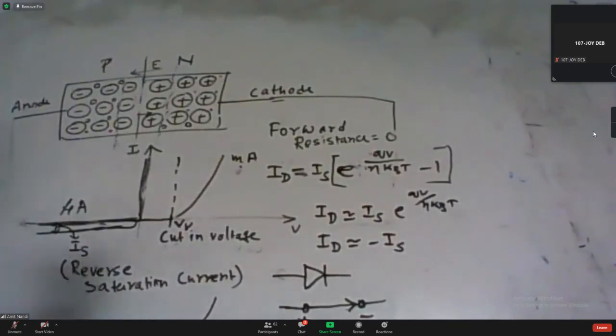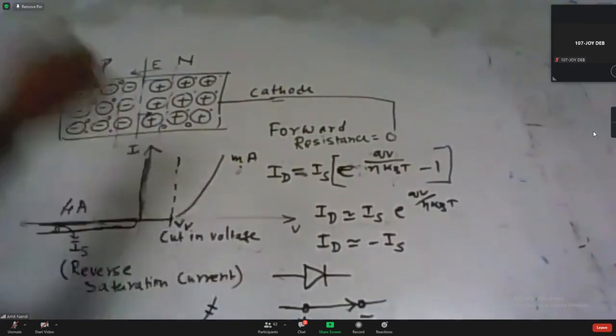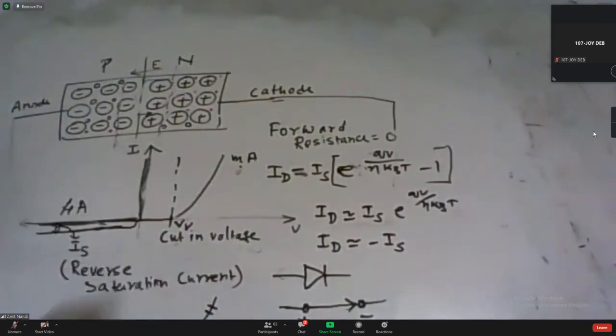Say we take only this small region, then it can be represented as a linear region. Or we can take only this section, then we can say this region is linear. So we can take the approximation of this nonlinear element this way.